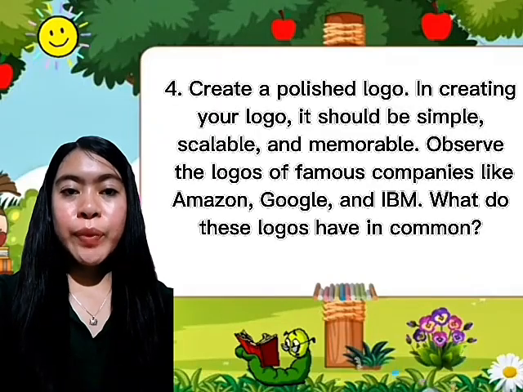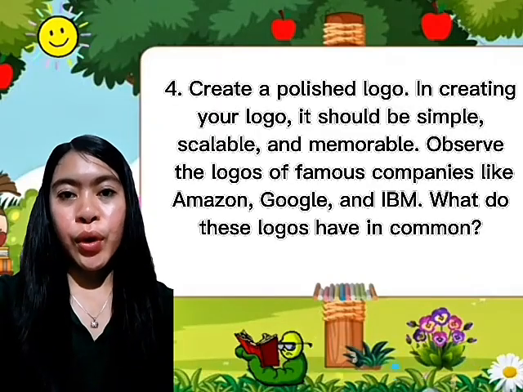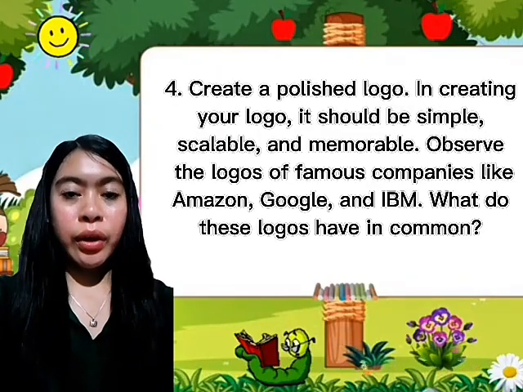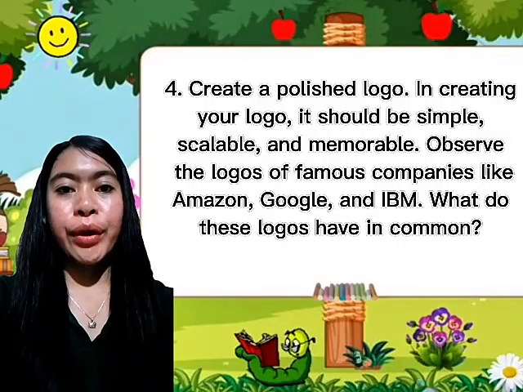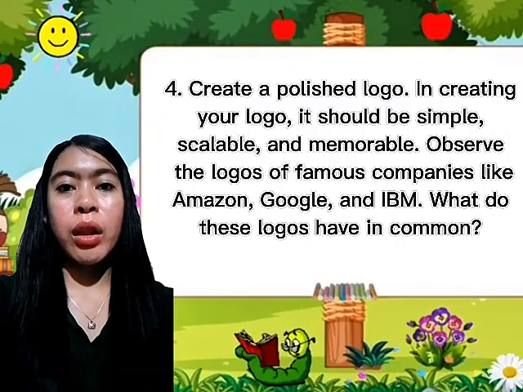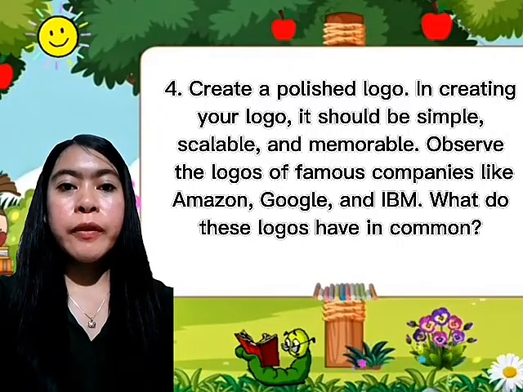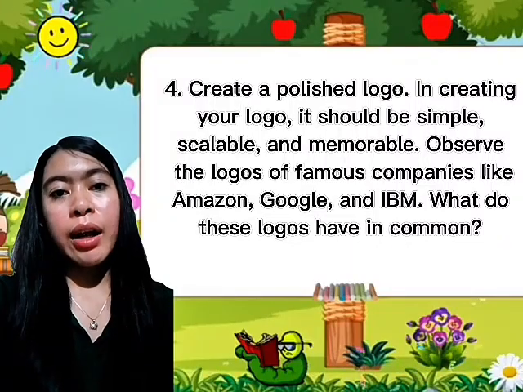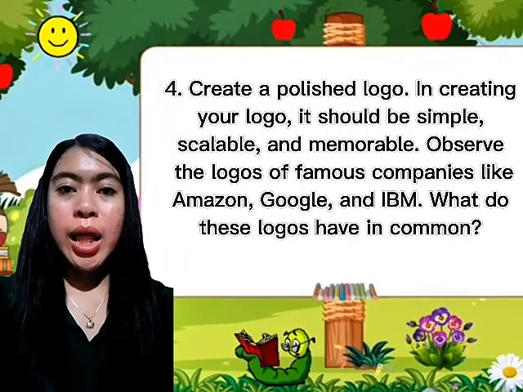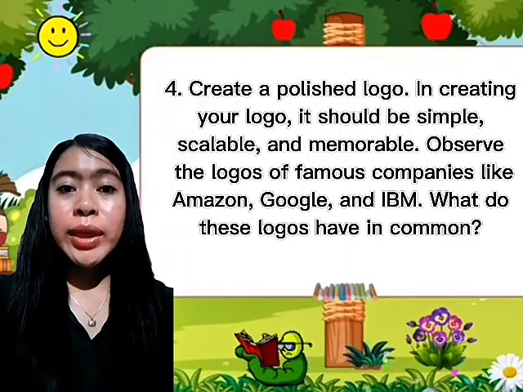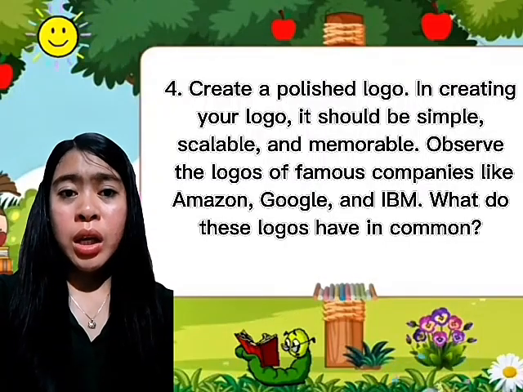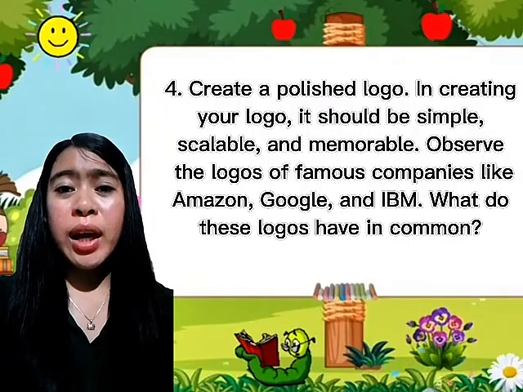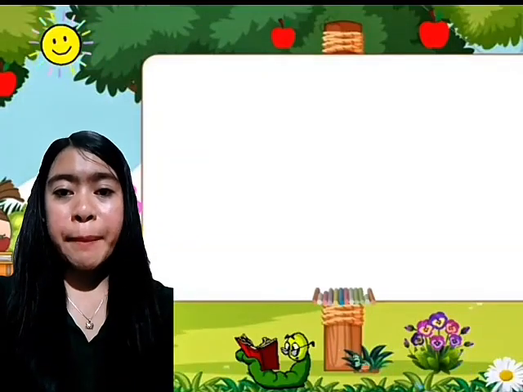So, the fourth one is to create a polished logo. In creating your logo, it should be simple, scalable, and memorable. Observe the logos of famous companies like Amazon, Google, and IBM. What do these logos have in common? The logo is often the first thing people see, so it should be simple, scalable, and memorable.